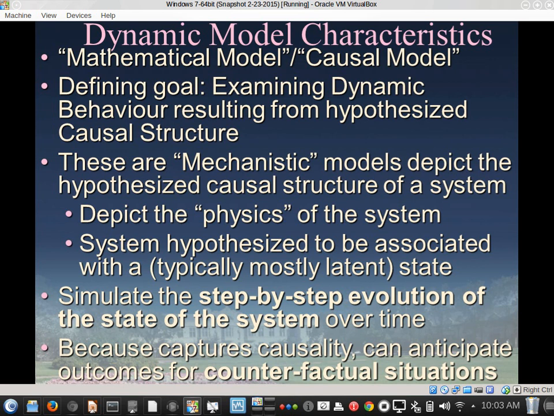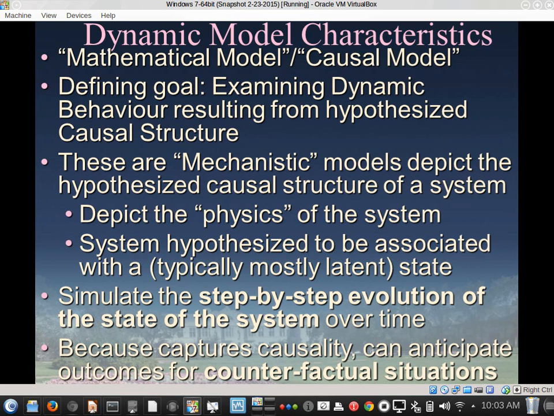So sometimes they're called mathematical models. Sometimes they're called causal models, which is confusing because there's a parallel and very valuable train of causal modeling in the statistics area that's admirable, but is a separate type of causal model. Sometimes they're called mechanistic models, models of the physics of a system. They go by different names.